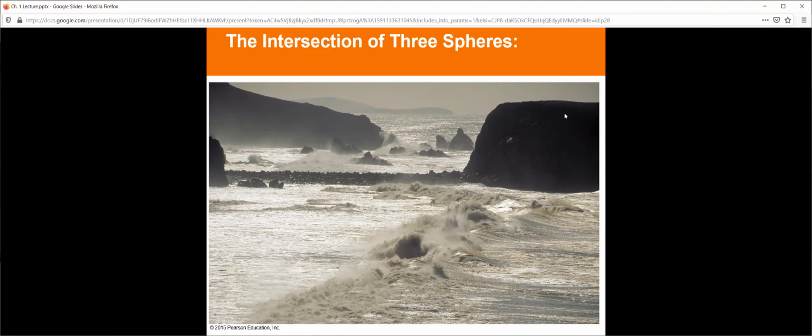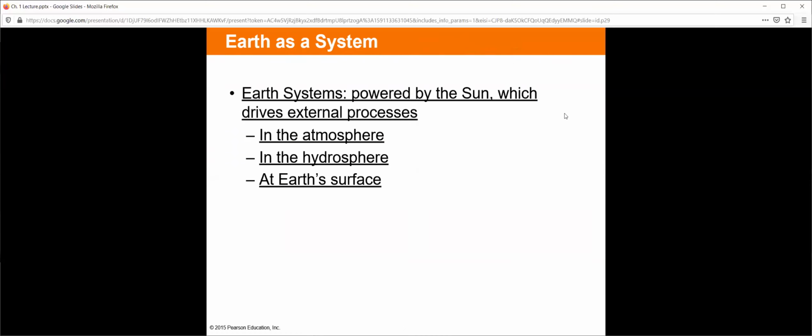So there's probably actually all 4 spheres interacting. And all 4 need to work together to produce the planet that we live on. The hydrosphere beats up the geosphere, affects the atmosphere, and the atmosphere allows the biosphere to exist. They're all interwoven in this wonderful planet we call Earth. And probably every other planet, I imagine.